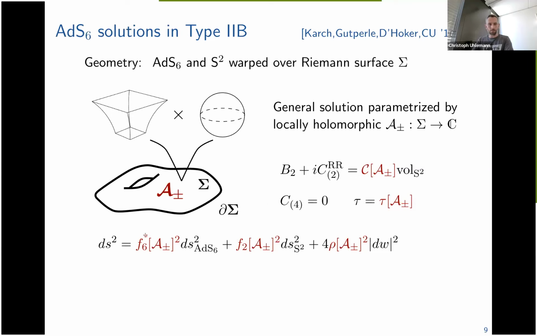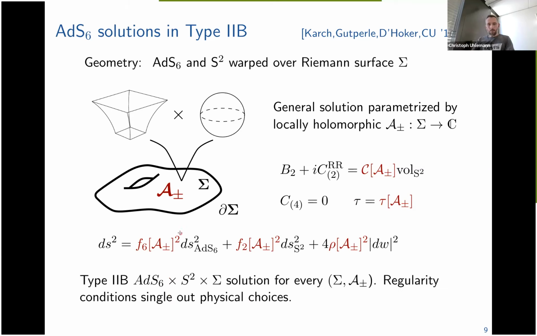I won't give the explicit functions, but the idea is the metric, the two-form fluxes, the axiodilaton, and the Killing spinors are all expressed in terms of these functions, A±.